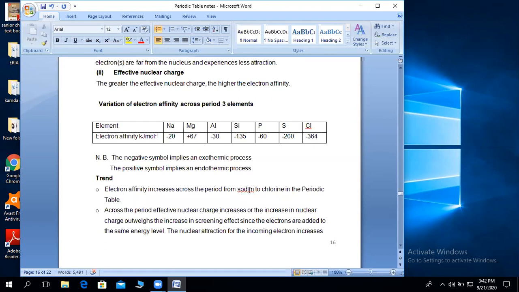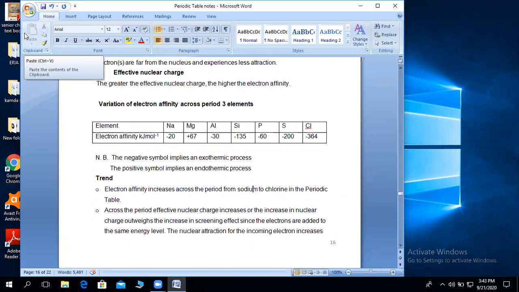In chemistry, you have to be very specific, especially in paper 1. So electron affinity increases across the period from sodium to chlorine in the periodic table.